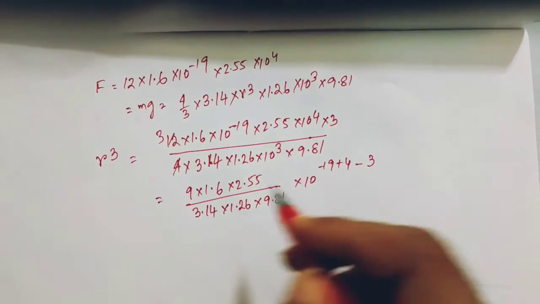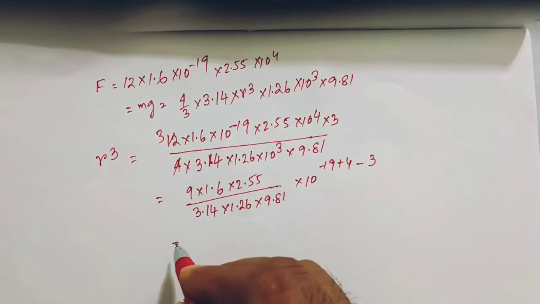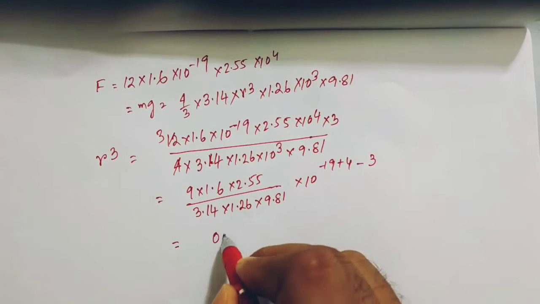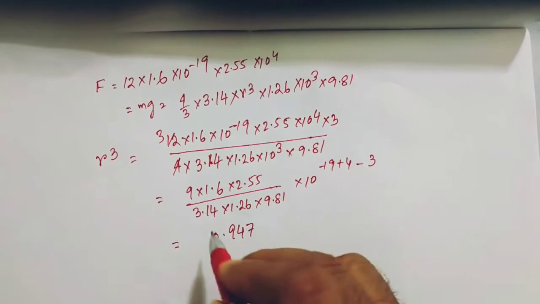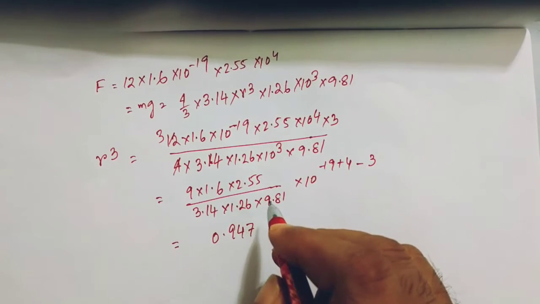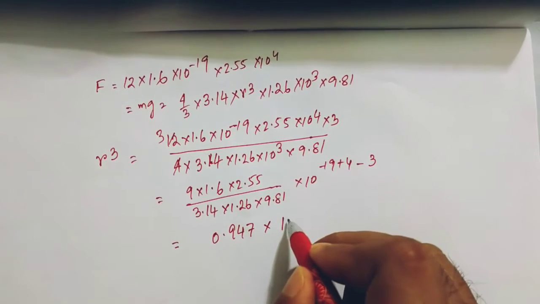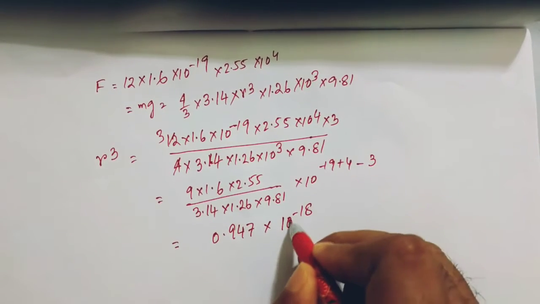Okay, so if you multiply this, it will come 0.947. It is a calculation part only, you can check, and this will be coming 10 raised minus 18.